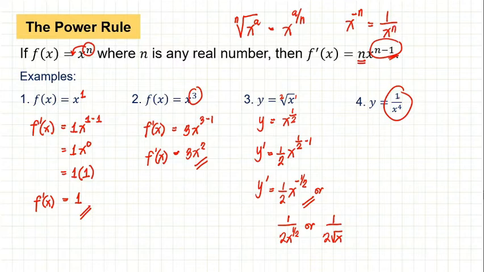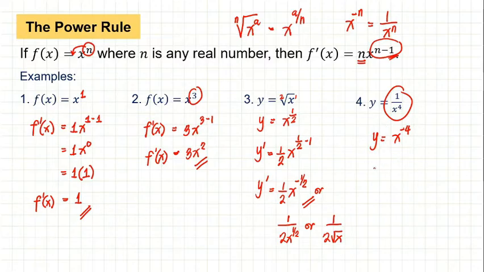And since we are given 1 over x to the power of 4, therefore you can rewrite it as y equal to x to the negative 4. So you will just take the reciprocal, then change the exponent from positive 4 to negative 4. And from that, we can now apply the power rule.